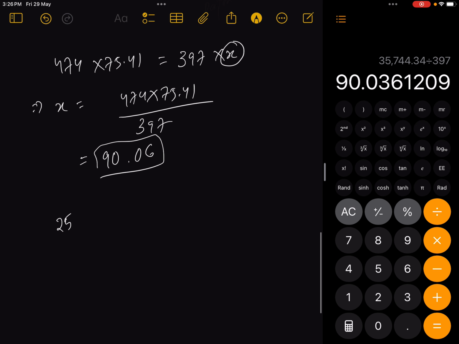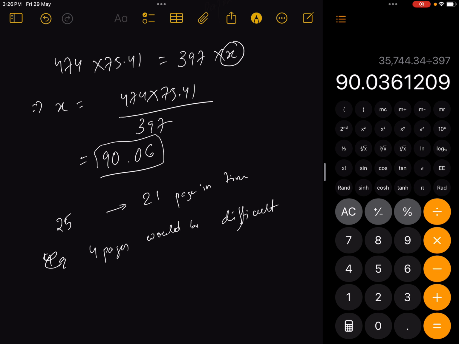So 25 pages, if they complete 21 pages in time, that means 4 pages would be difficult to read or may not be solvable due to paucity of time.